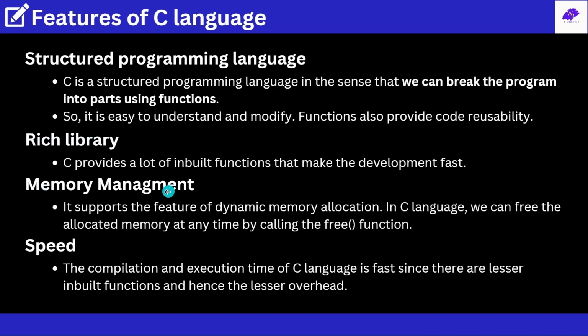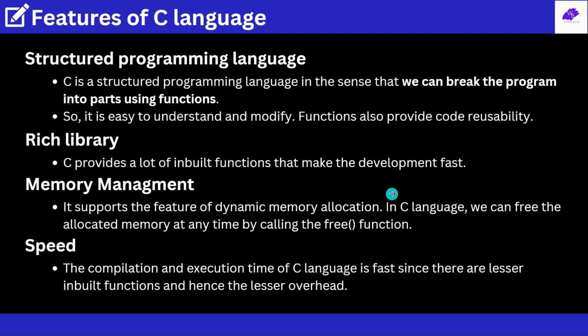Next is memory management. It supports the feature of dynamic memory allocation. Dynamic memory allocation indicates that at any time, if you want memory in your computer or laptop for a specific program, it can dynamically allocate it in a memory unit.